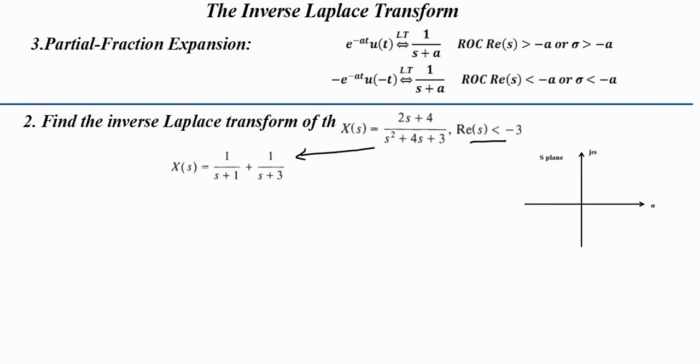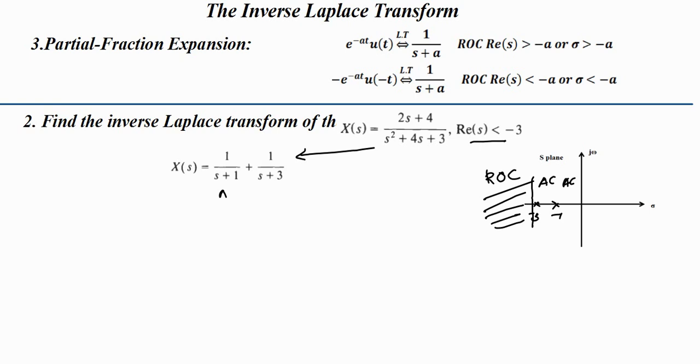Here the two poles are at minus 3 and minus 1, but the ROC is given towards the left of minus 3. So minus 3 represents an anti-causal signal, and minus 1 also represents anti-causal, because for an anti-causal signal the ROC lies left of the leftmost pole. This ROC lies left of both poles, so these two poles correspond to anti-causal signals.